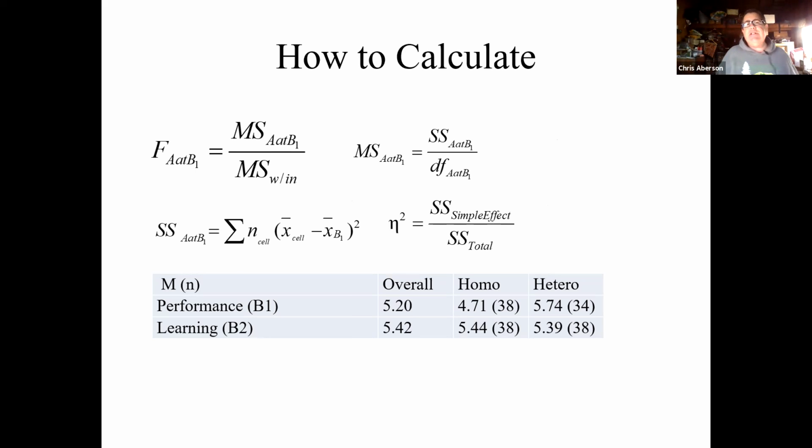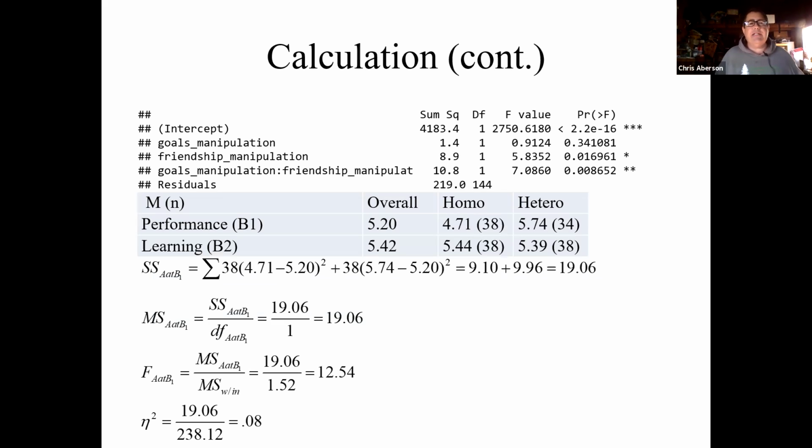In terms of the calculations, these calculate sums of squares based on this formula for A at B1. And you can see the big difference is the sums of squares. All it's doing is focusing on the particular cells that we're interested in. So if we were calculating this for the performance condition, we've got an overall mean of 5.2.